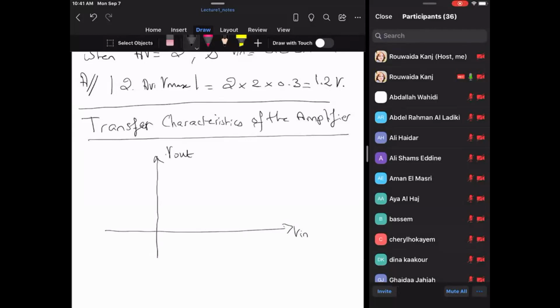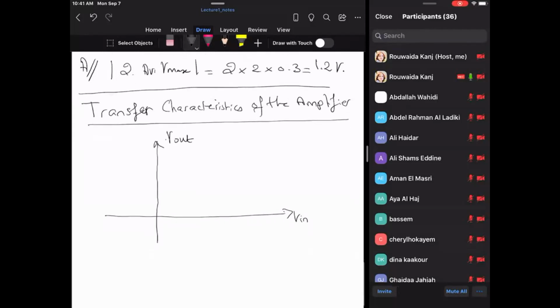So we will first start with a very basic straight line that is passing through the origin.